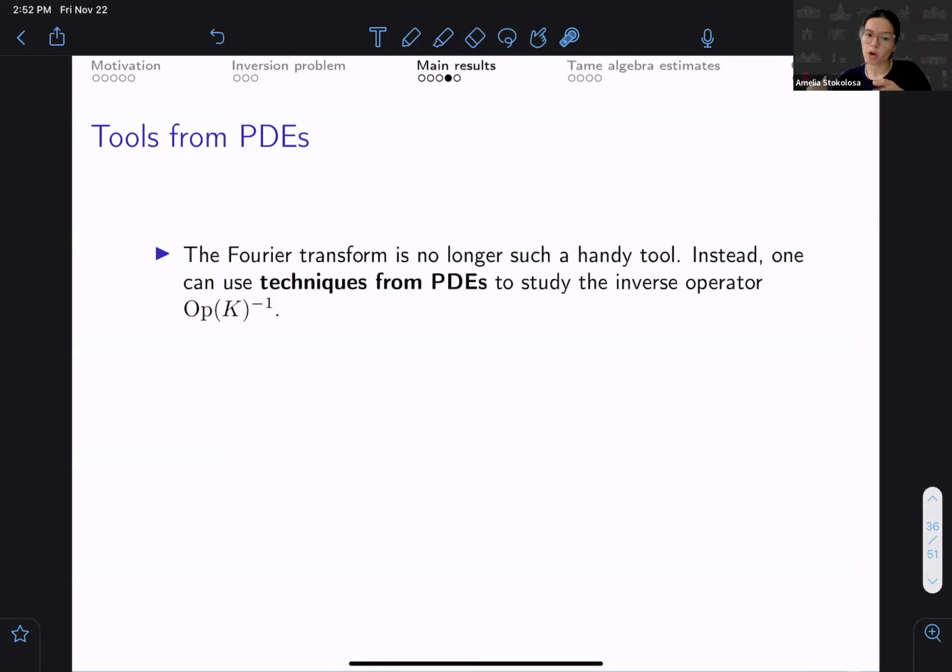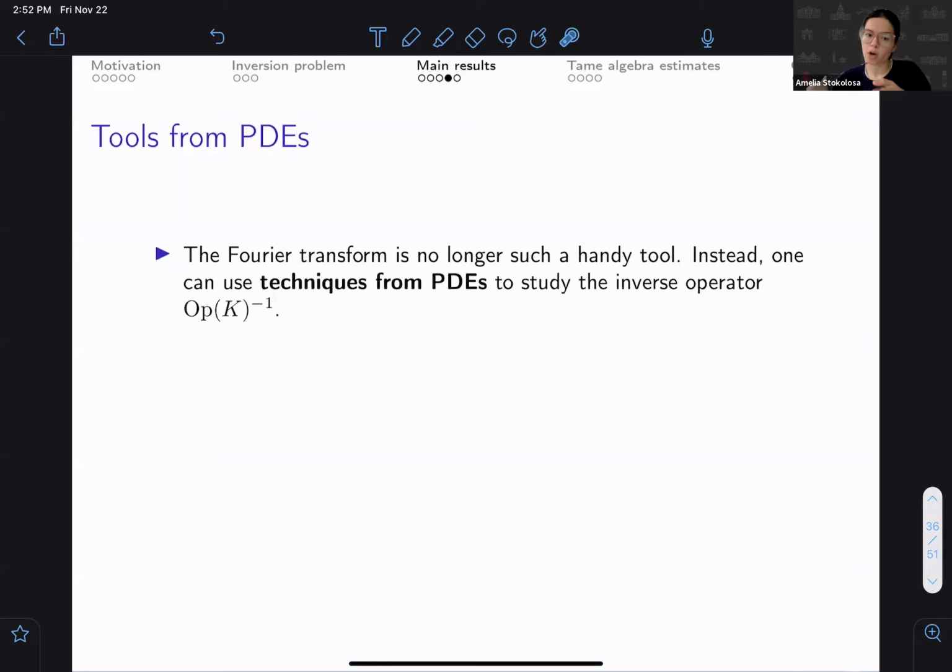The key idea here is that most operations here do not commute. The group multiplication does not commute. The group convolution is non-commutative, but right invariant differential operators commute with our left invariant operator.